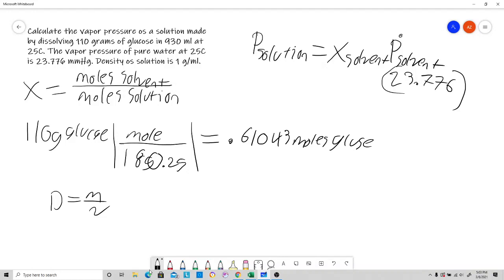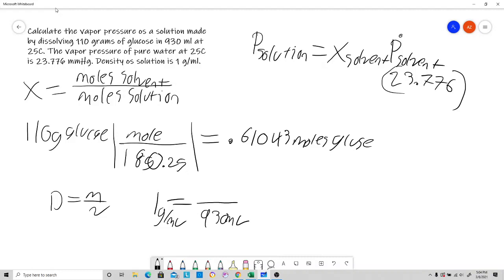The density is 1, and then it gives us the volume of the water in milliliters, which is 930 milliliters.